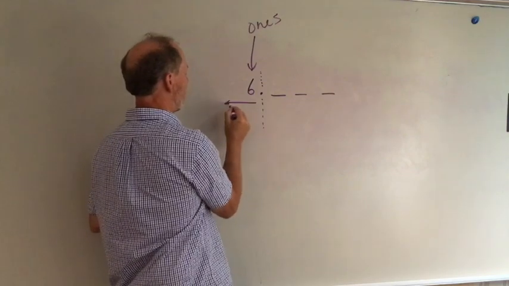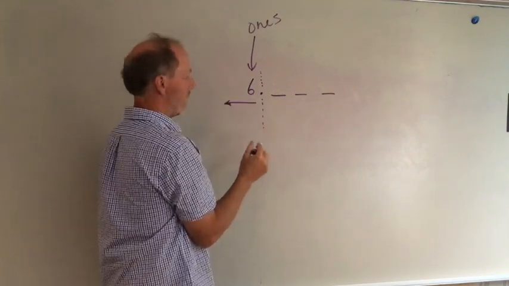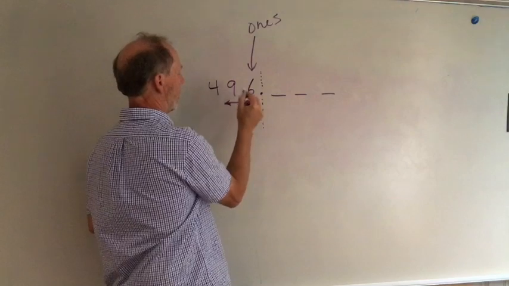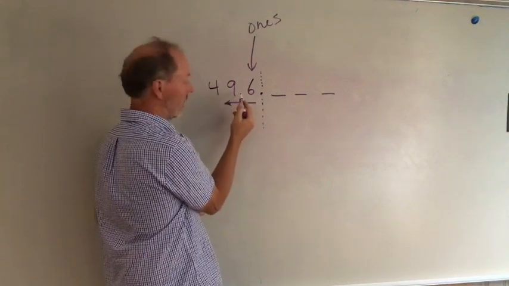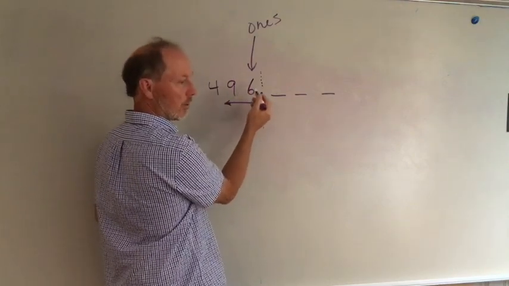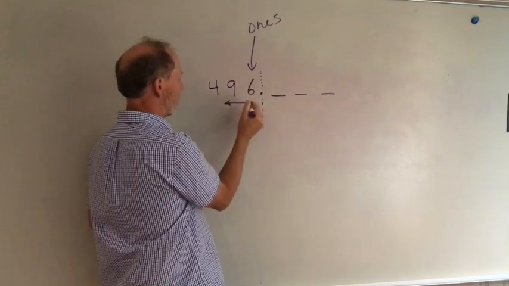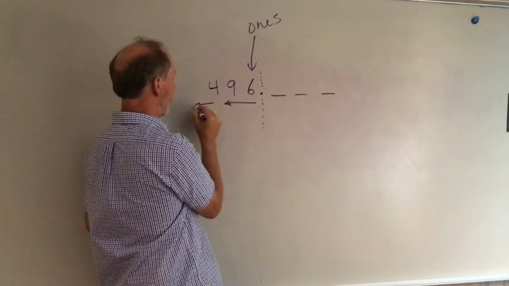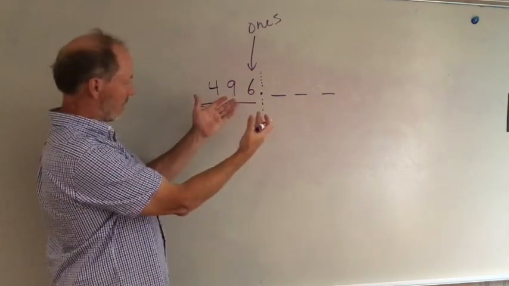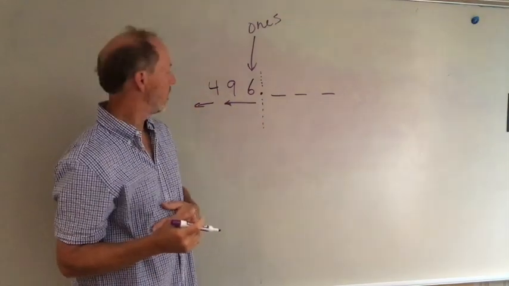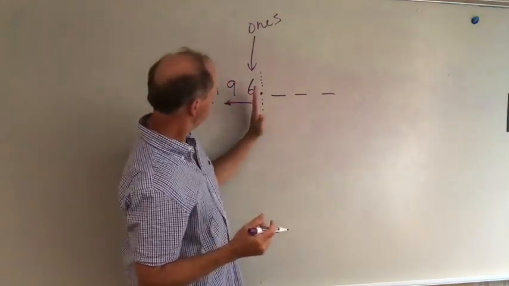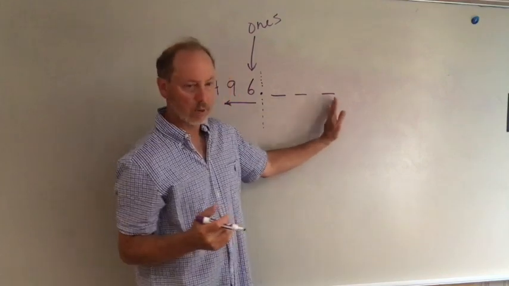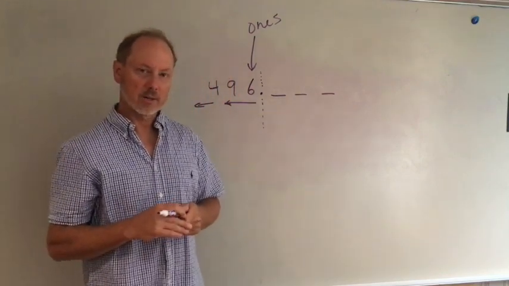So all the digits this way are greater than 1. For instance, that's 90, greater than 1. That's 6, 1 or greater. And that's 400. So all the numbers this way are numbers that are like big multiples of 1. All the numbers past this way are parts of 1.